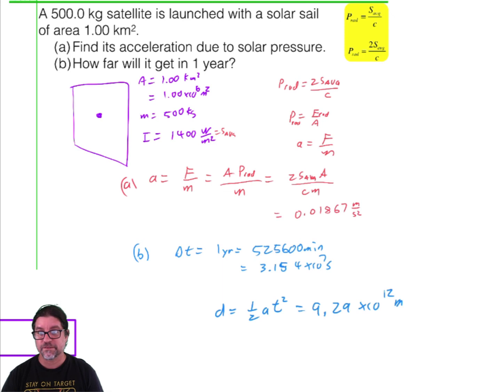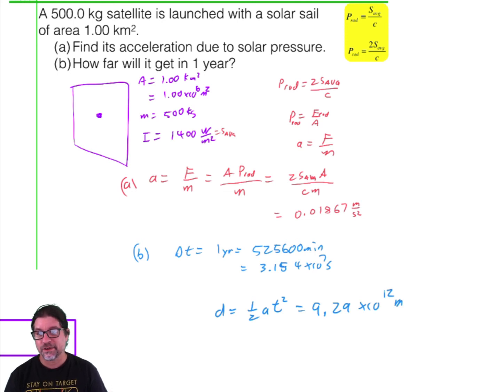So that's pretty far. How far is that in terms of astronomical units? Well, 1 AU in meters is 1.5 times 10 to the 12. So 1 AU is the average distance between the Earth and the Sun. So this is like 40 times that.